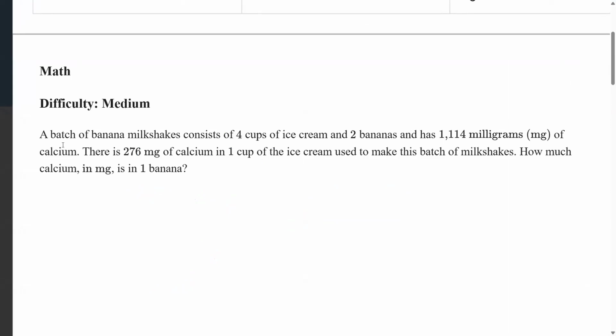So a batch of banana milkshake consists of 4 cups of ice cream and 2 bananas, and has 1114 of calcium. Okay.